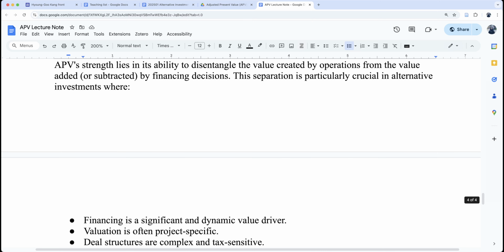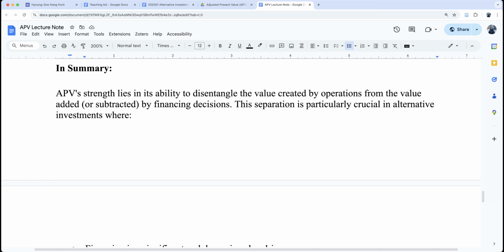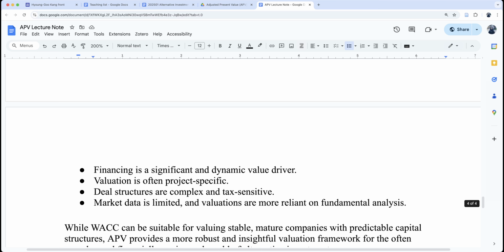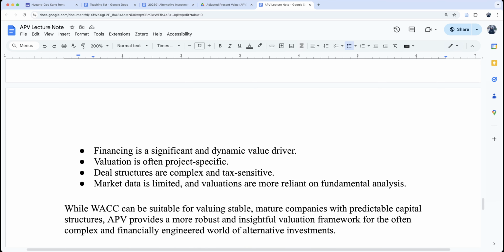In summary, APV's strength lies in its ability to disentangle the value creation by operations from the value added by financing decisions. You can disentangle value creation by operating strategy and value creation by financial strategy. This separation is particularly crucial in alternative investment, where financing is a significant and dynamic value driver.